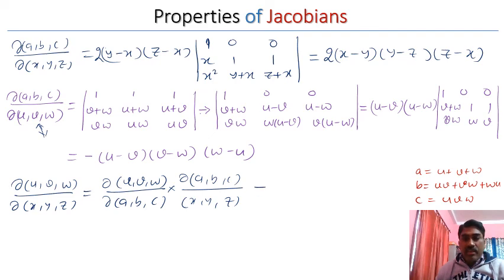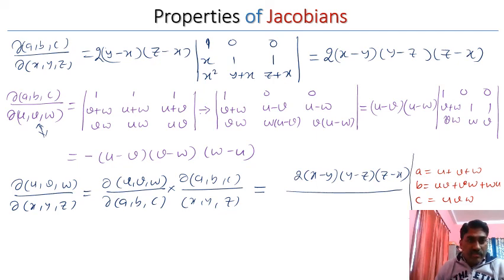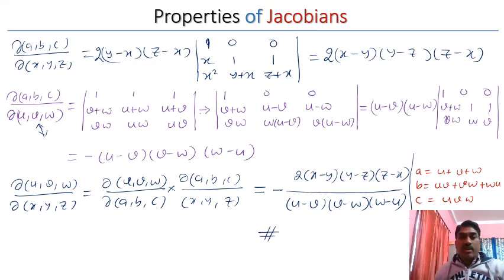So we will write this as 2 times (x minus y)(y minus z)(z minus x), divided by the Jacobian of a, b, c with respect to u, v, w. So this will become minus (u minus v)(v minus w)(w minus u). So this is the Jacobian of u, v, w with respect to x, y, z, and we obtained it with the help of chain rule.